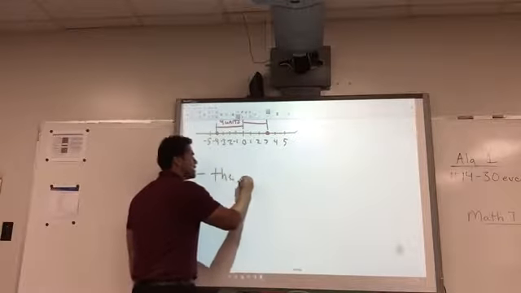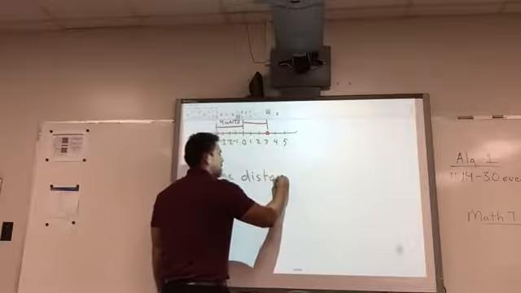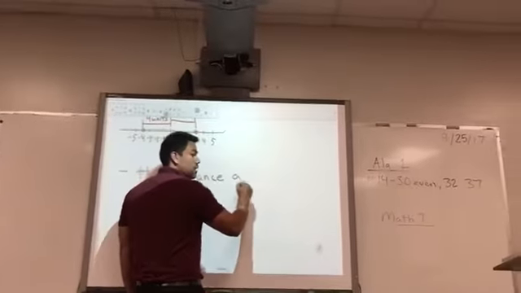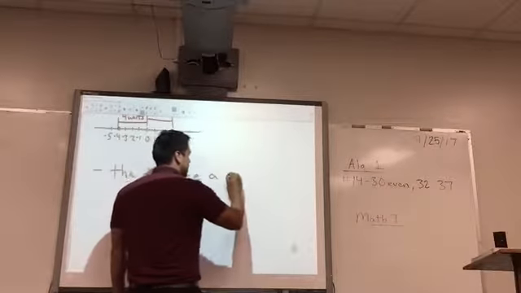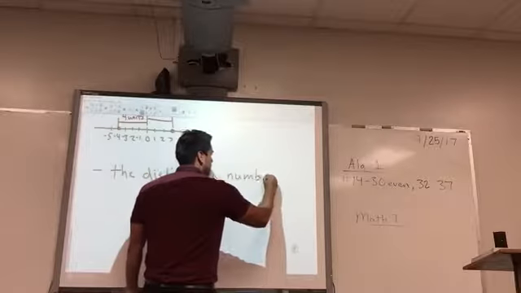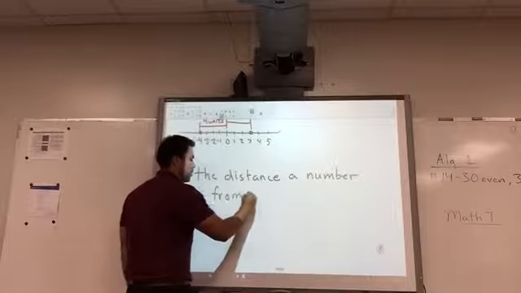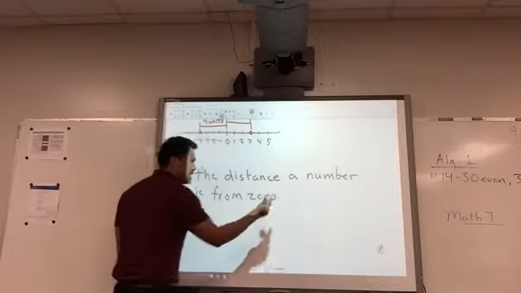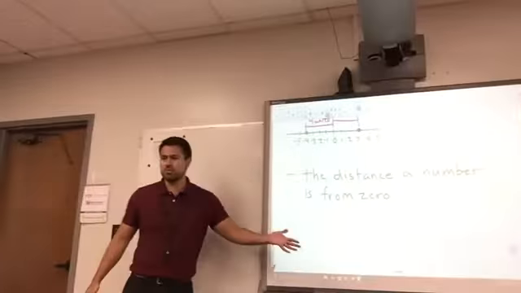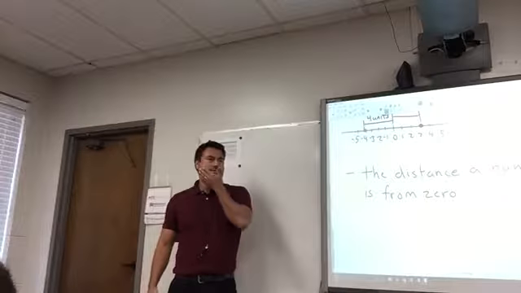The definition of absolute value is the distance a number is from 0. That's all it is. That's it.